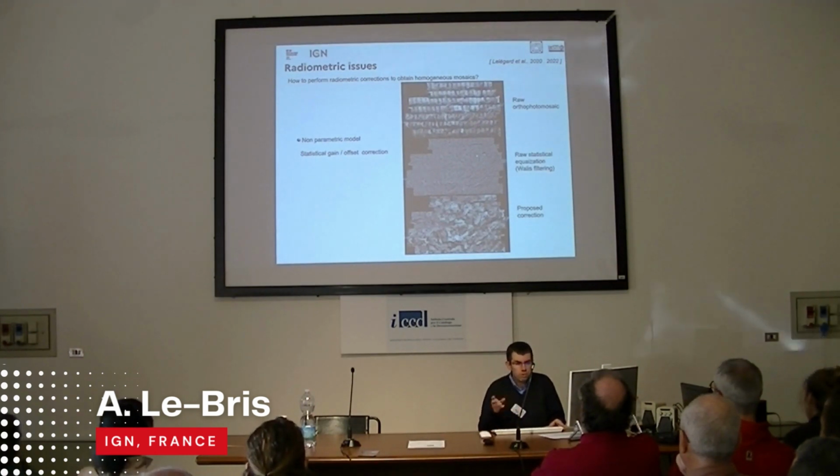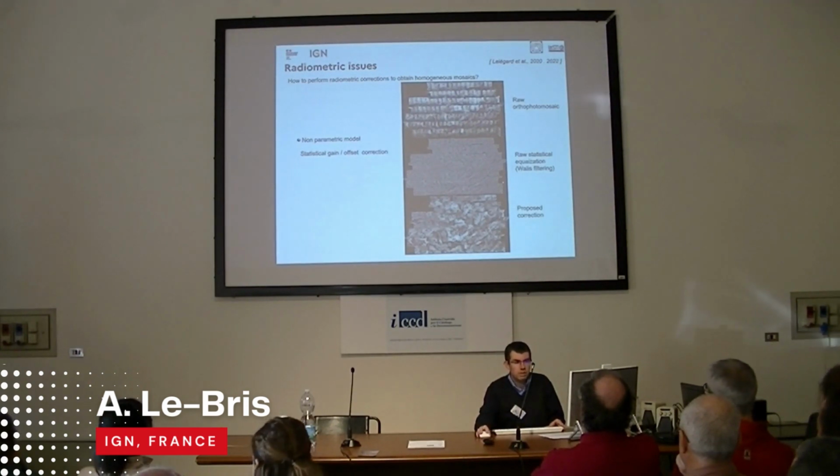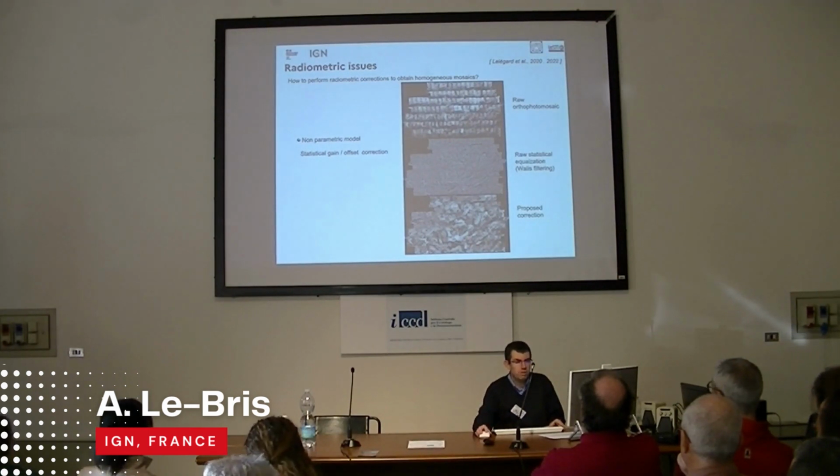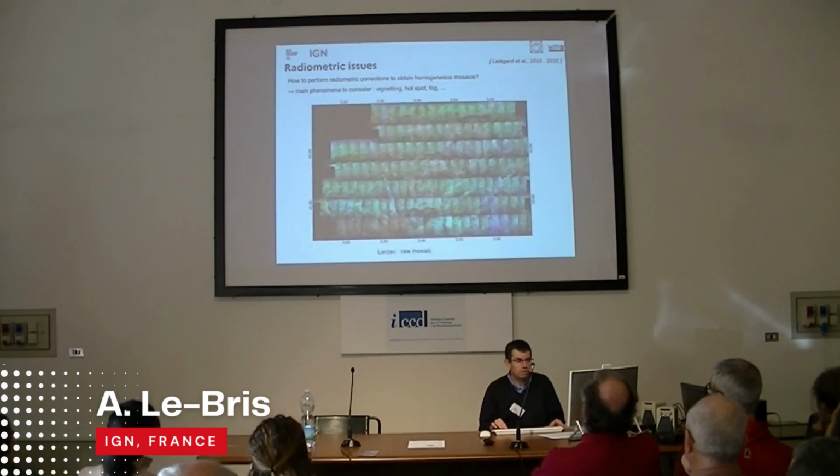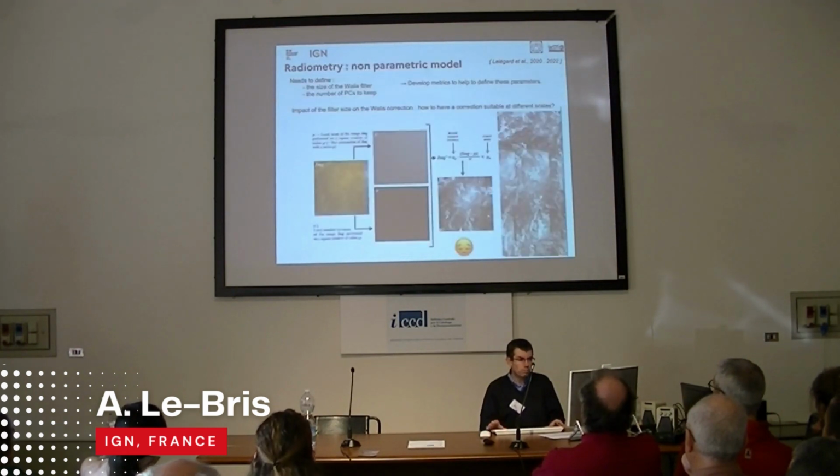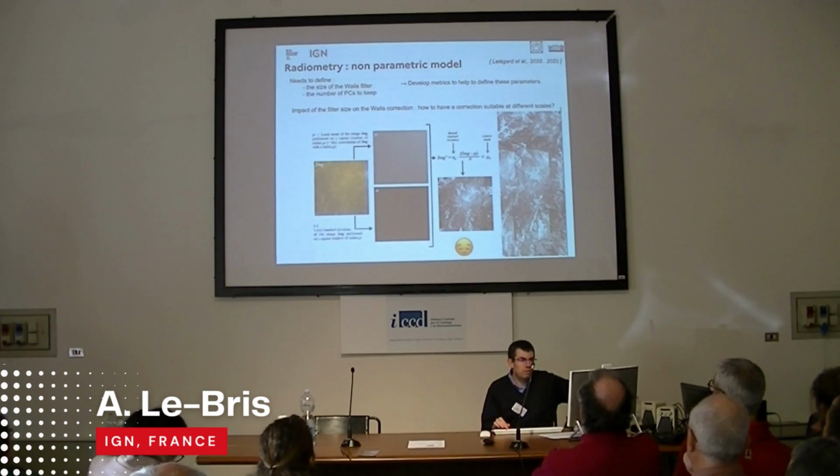It is smoothed using the PCA decomposition, and the resulting low resolution grid correction is applied to the first image to obtain this result. Another example, this time with a color image. So it seems to provide quite interesting results.